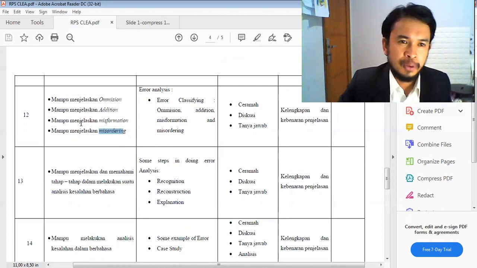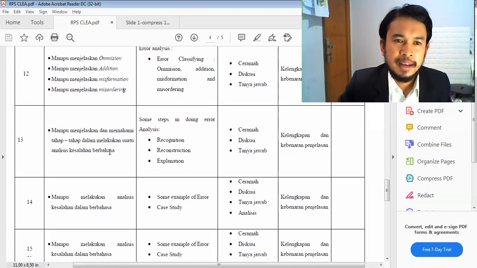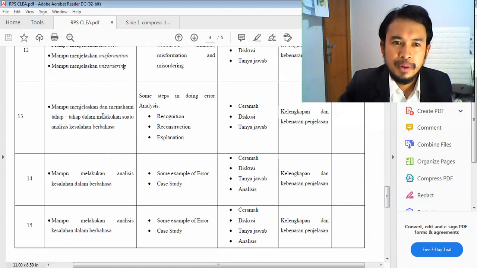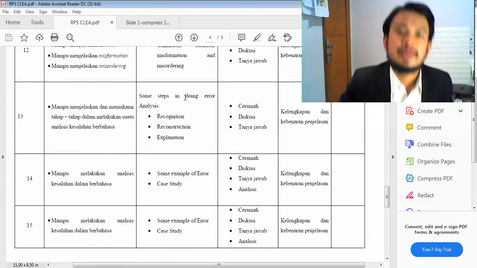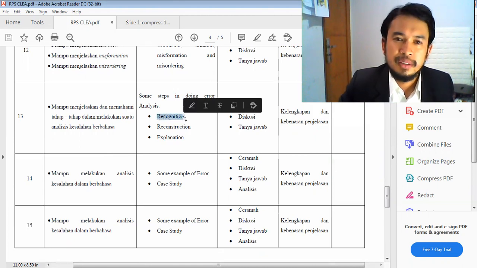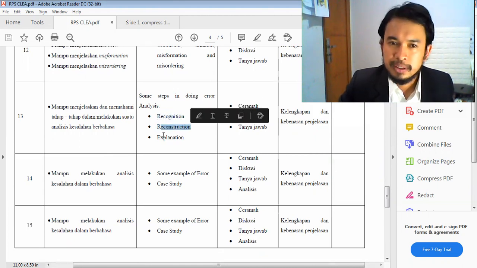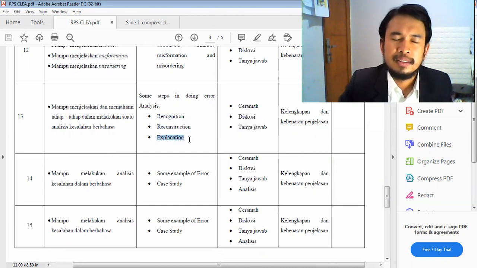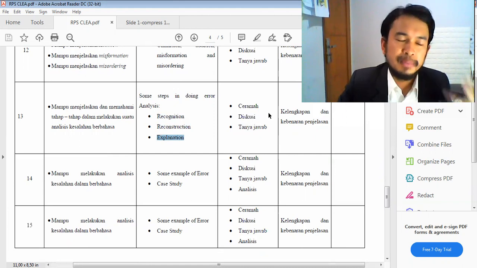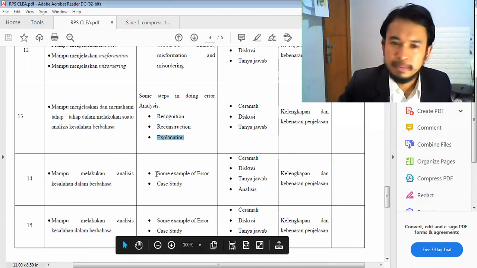And then you are going to talk about some steps in doing error analysis, such as recognition, reconstruction, and also explanation. And the second meeting, the last one, we are going to talk about some examples of error.